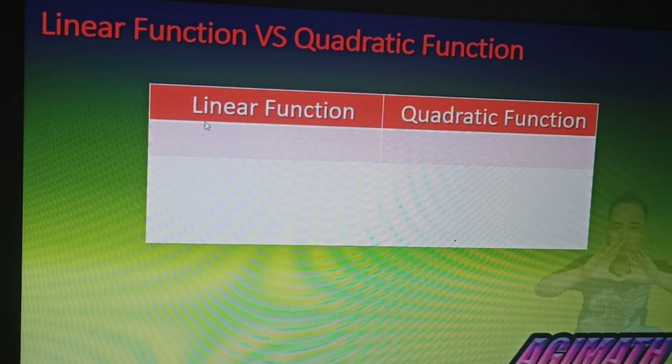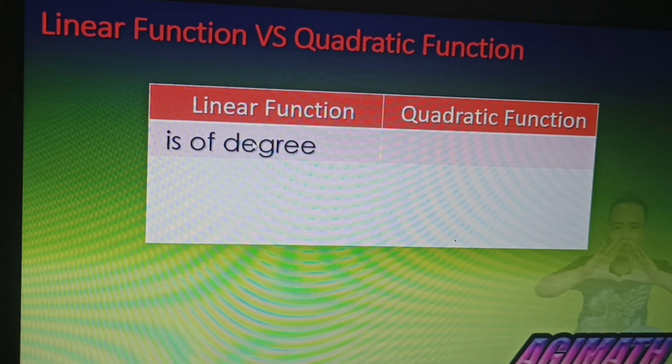If you recall, a linear function is of degree 1, whereas a quadratic function, as defined earlier, is of degree 2. So it's very clear what the difference is between a linear function and a quadratic function in terms of degree. For linear, it's degree 1. For quadratic function, it's degree 2.